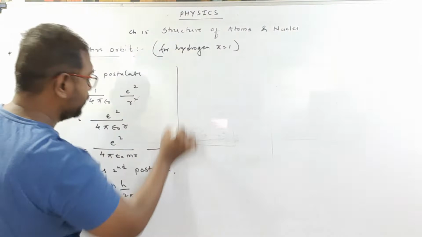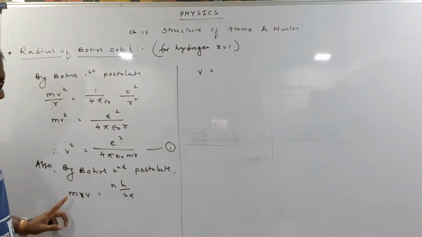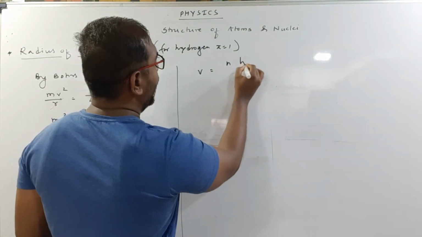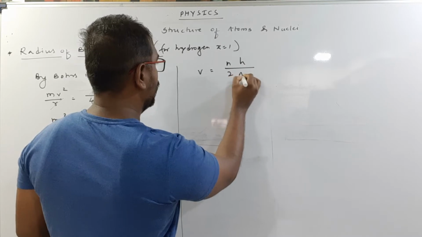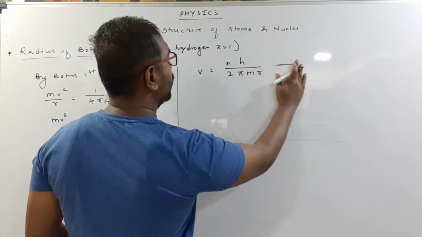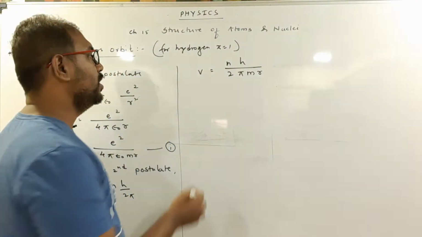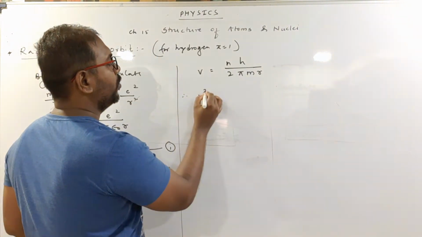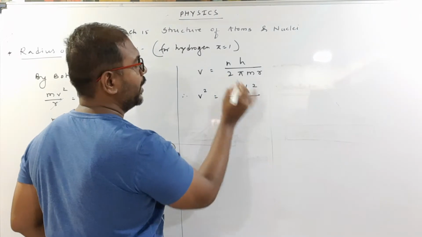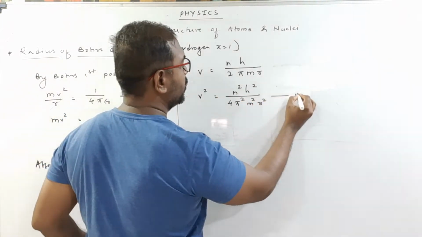So v is equal to, I can transfer m and r to that side, so we get n h upon 2 pi m r. Now I can square this equation. Squaring both sides, we get v square is equal to n square h square divided by 2 square is 4 pi square m square r square, equation number 2.